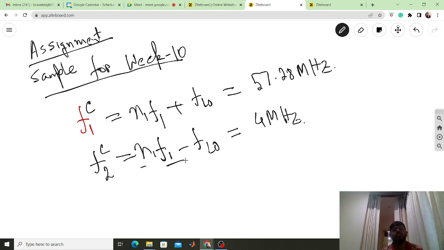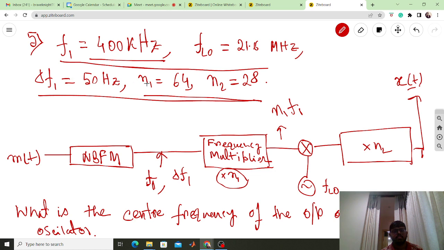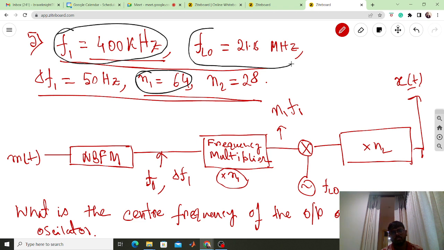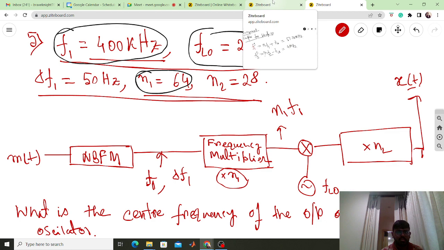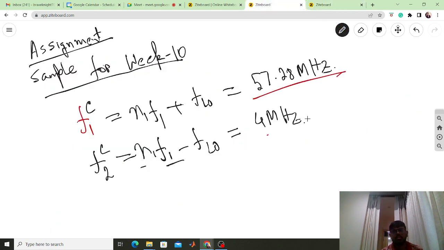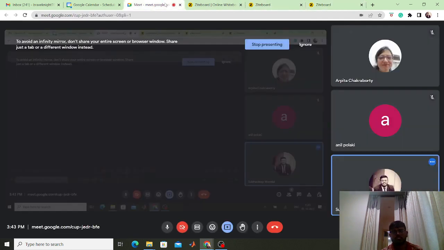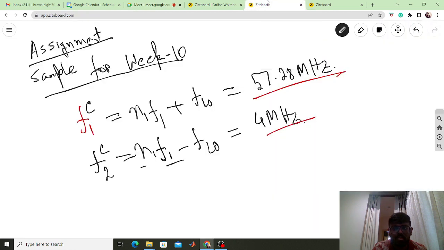The N1 and F1 values are given in the question; if you substitute them, this is going to come like this. Is it clear?